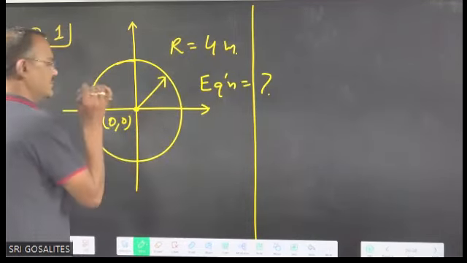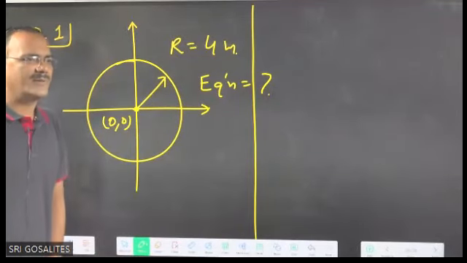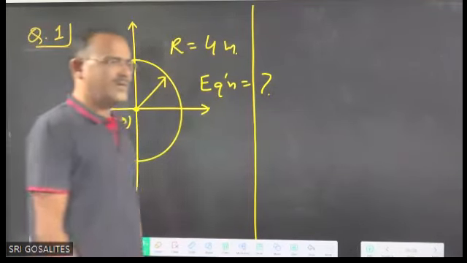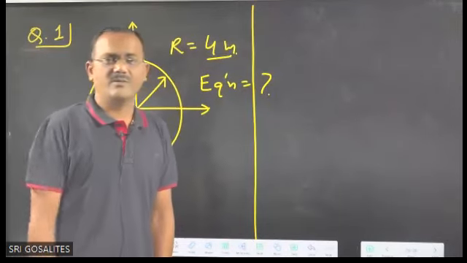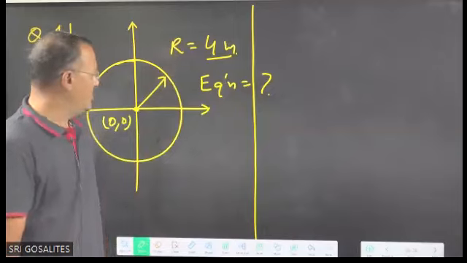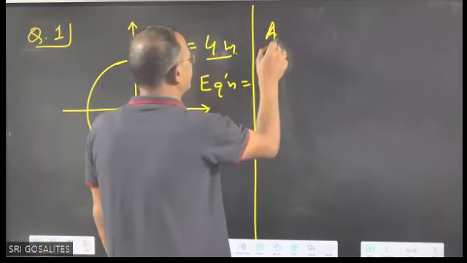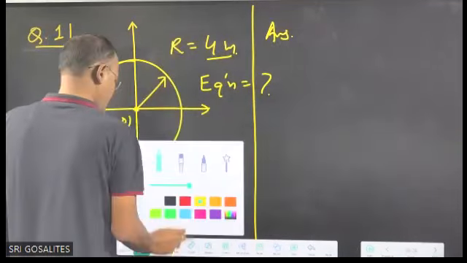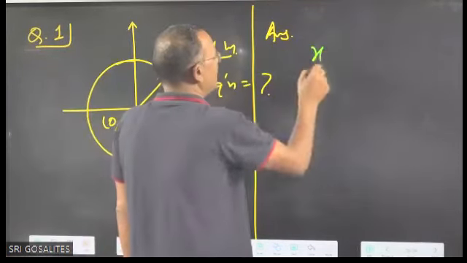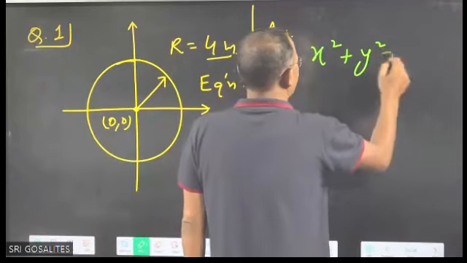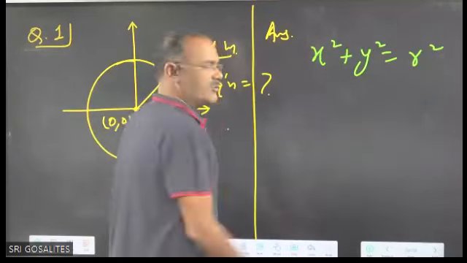So here is the center, at 0, 0, right? The radius is 4. Just now we told you the equation of a circle which has its center at 0, 0 is x square plus y square is r square.